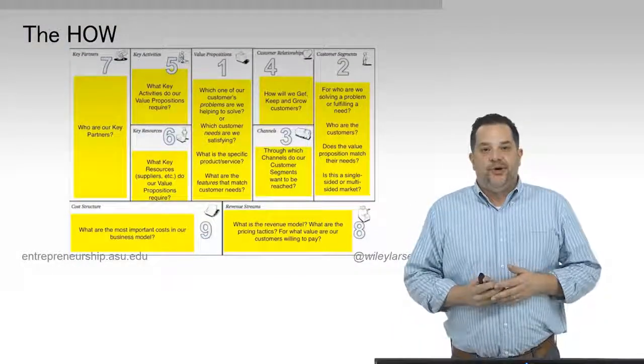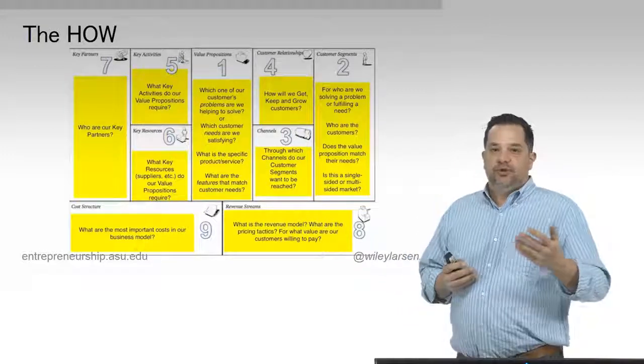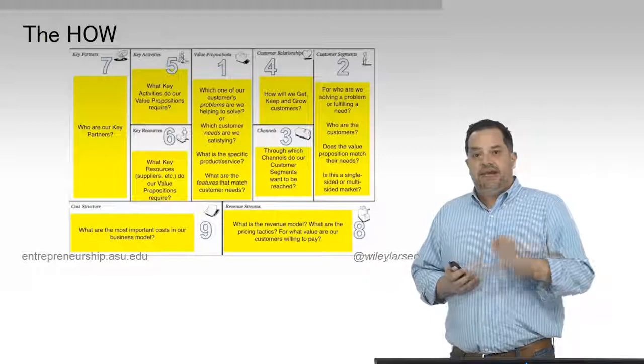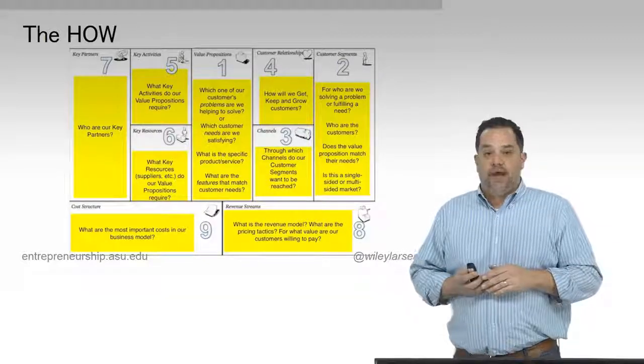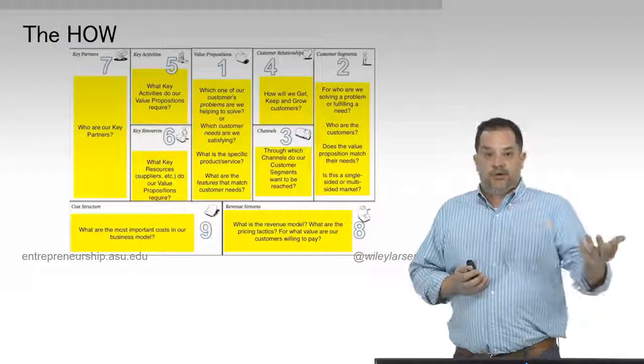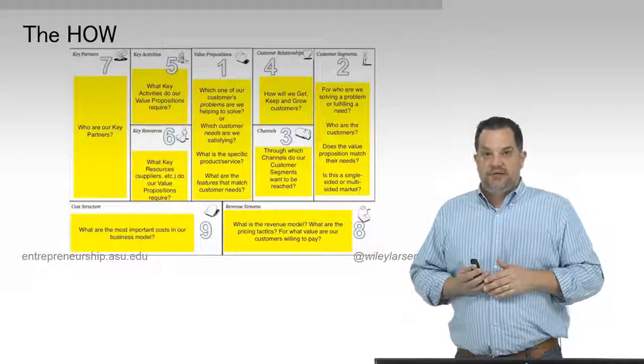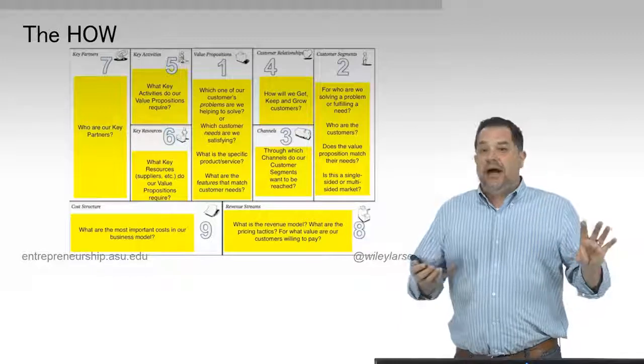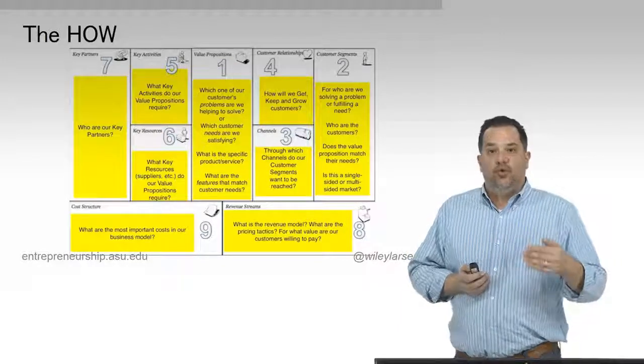The how. So here's the how of the business model canvas. As you look at the prompts that are in this slide and the numbering of the different blocks, what I'm going to show you today will be a little bit different than the numbering that you see on the blocks. And it really doesn't matter which order you go in.